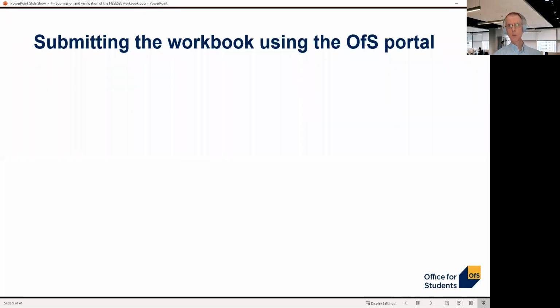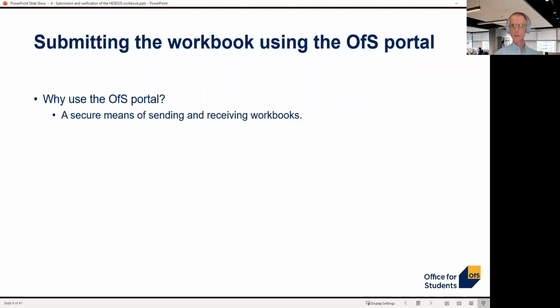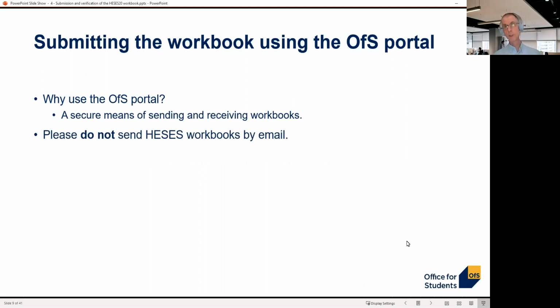For submitting the workbook, we use the OFS portal. You may say, well, why use the portal? Because it's a safe, secure, controlled method of sending and receiving workbooks. We'd ask, please, that you do not send HESES workbooks by email. Aside from the fact that email is not a wholly reliable medium, especially with attachments, its security is perhaps not the best.